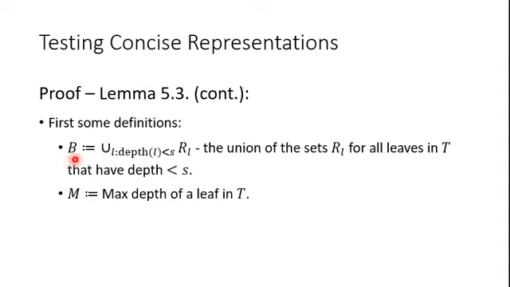Also, we will define B to be the union of the sets R_L for all leaves in T that have depth less than s. And finally, we have M, capital M, which is just the maximum depth of a leaf in T.